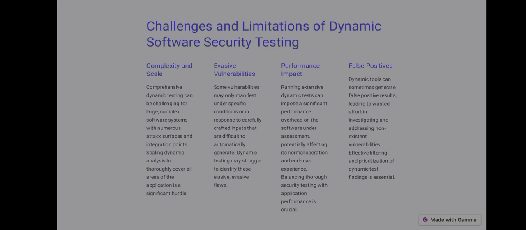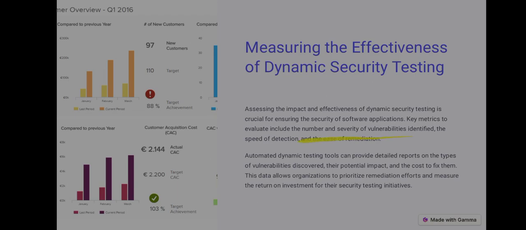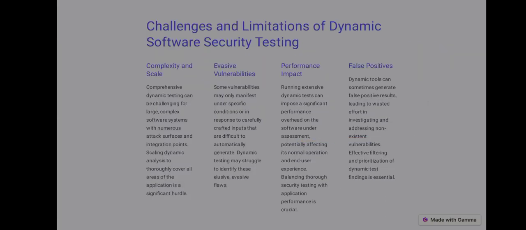You can see these four major issues. Complexity and scale: comprehensive dynamic testing can be challenging for large complex software systems with numerous attack surfaces and integration points, and truly covering all areas of applications. Evasive vulnerabilities: some vulnerabilities may manifest under specific conditions or in response to carefully crafted inputs that are difficult to automatically generate.